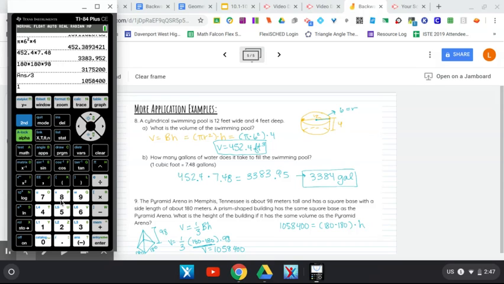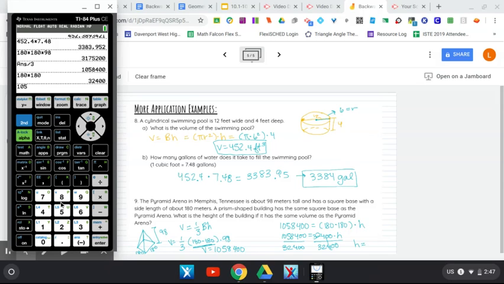So let's do 180 times 180. So we get 32,400. So then we'll divide by the 32,400. And that will give us what the height of this other building is.